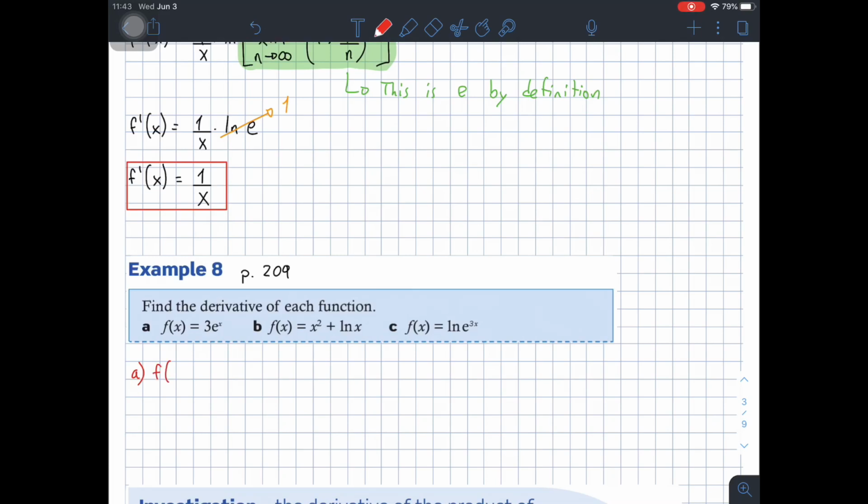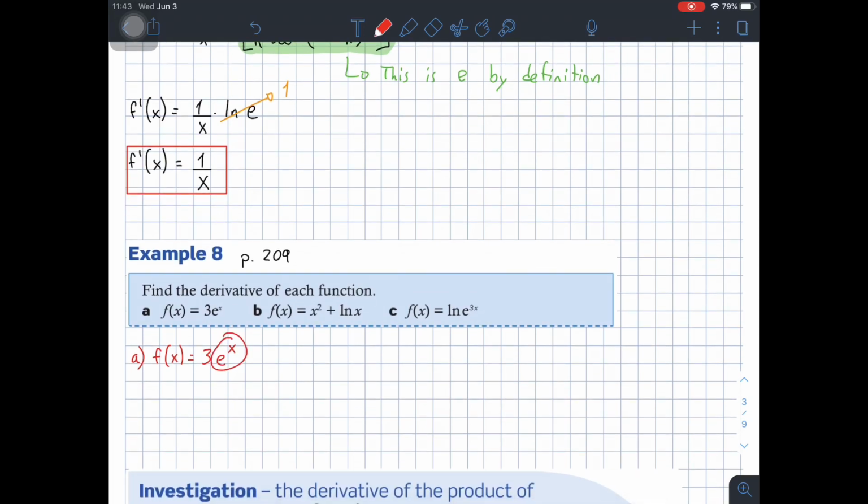So in the first case, we have f of x equals 3 times e to the power of x. Okay, we know that the derivative of e to the power of x is e to the power of x. So in this case, the derivative f prime of x is directly 3 times e to the power of x.